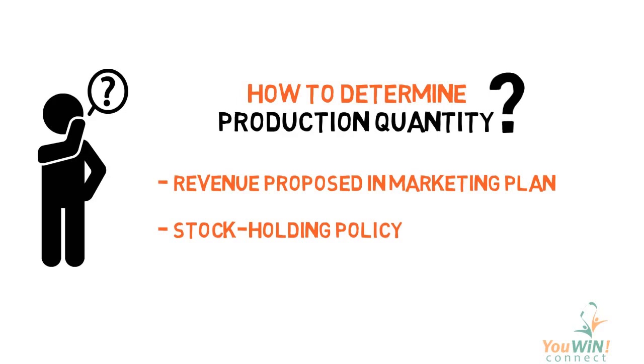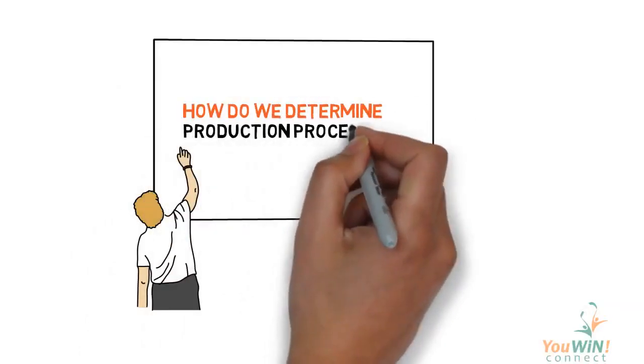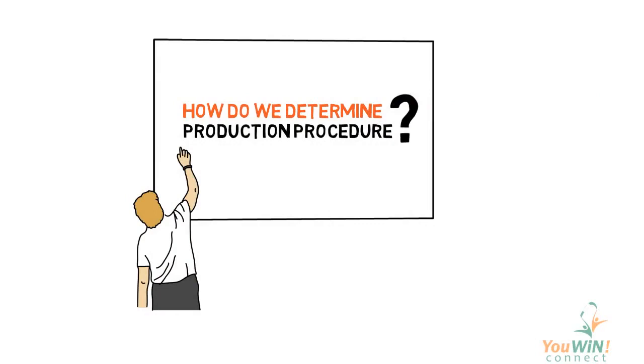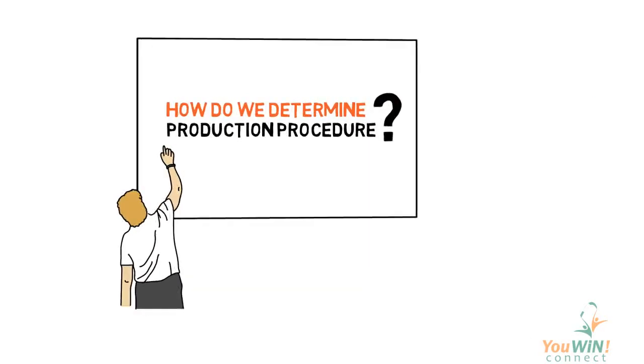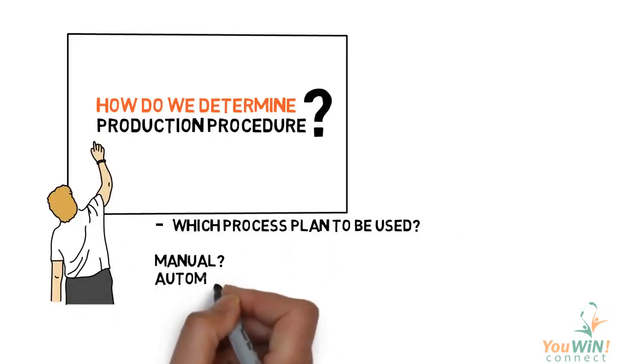The stock holding policy comes with its own cost, and that needs to be taken into account whenever we are calculating production costs. So, how do we determine a production procedure? Typically, decisions to be made when deciding on a production procedure include: which process are we using?